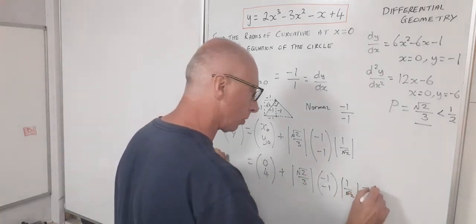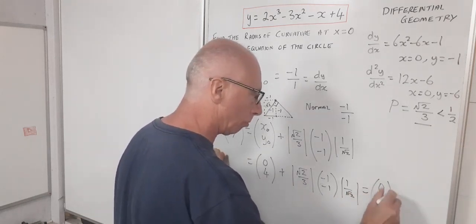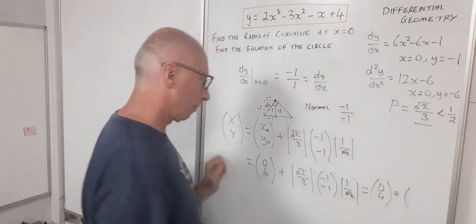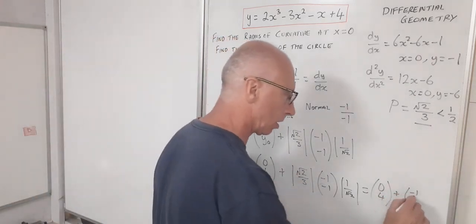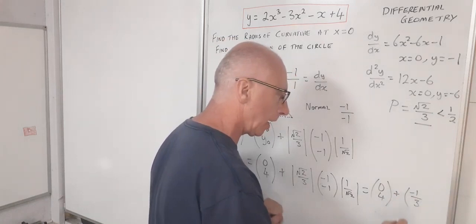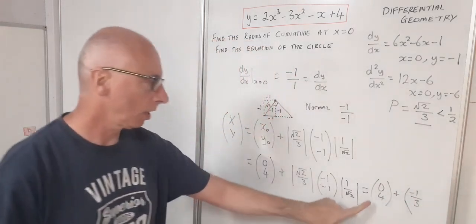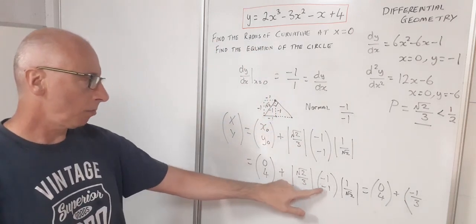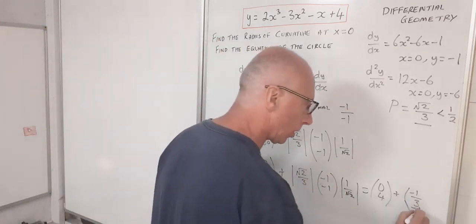So then that equals 0, 4 plus -1 over 3. And then for our y coordinate, we'll end up with -1 times this again, so it's going to be the same. So it's -1 over 3.